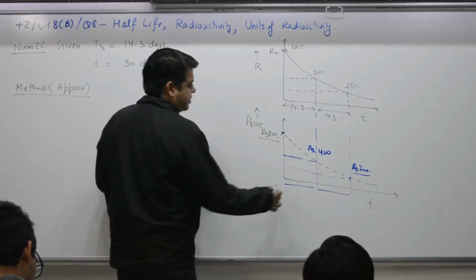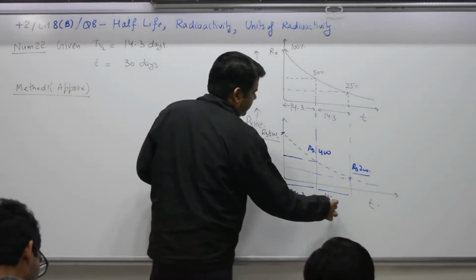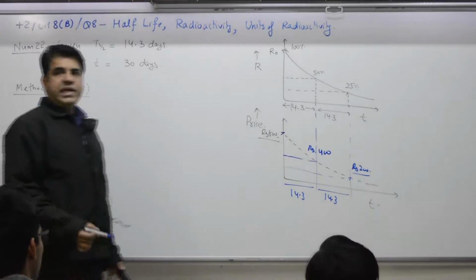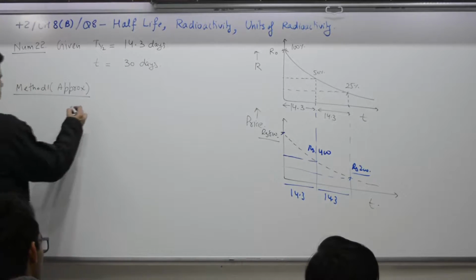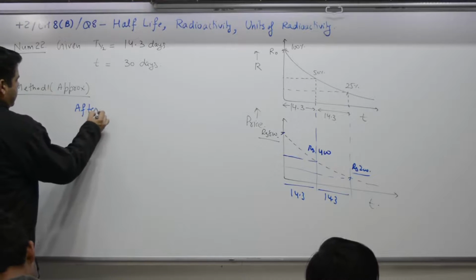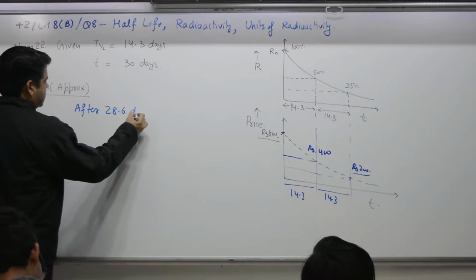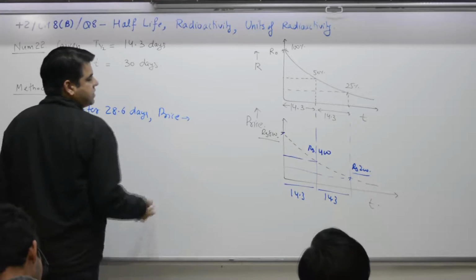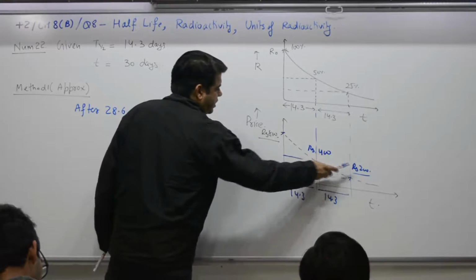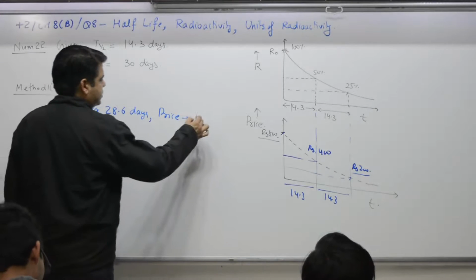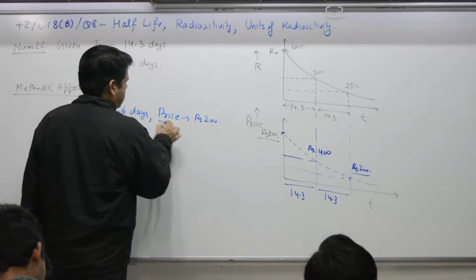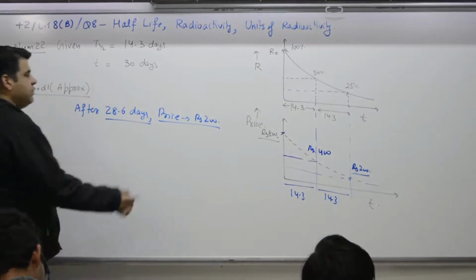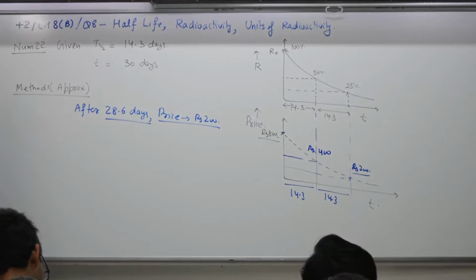So total time is 14.3 days plus 14.3 days, total time is 28.6 days. After 28.6 days, the price reduces to one half, 400, then again one half, rupees 200. After 28.6 days, you know the price.